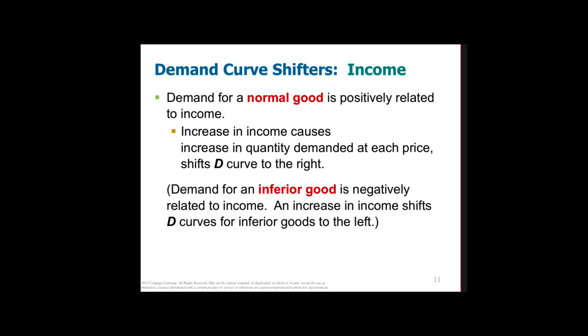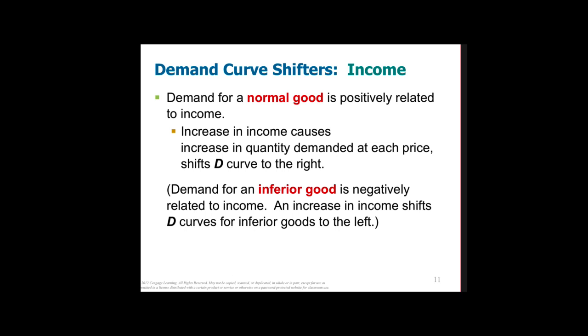Now, leave your personal preferences out of this. I know some of you believe that you could live until you're 110 on ramen noodles, but I assure you, ramen is an inferior good. Across the market, people buy less ramen the more money they have. Ribeye steaks are a normal good.